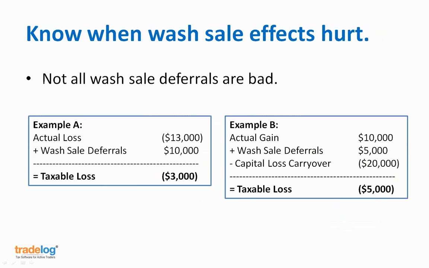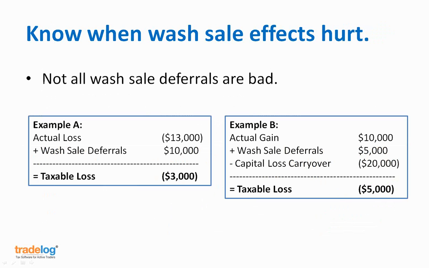Example A, say that you had an actual net loss of $13,000 for the tax year. You may have $10,000 in wash sale deferrals at the end of the year. That means there's $10,000 in losses that you cannot claim in the current tax year because of the wash sale rule, so those get moved forward to a future time whenever you close those positions. So we have to add that in to the actual loss.